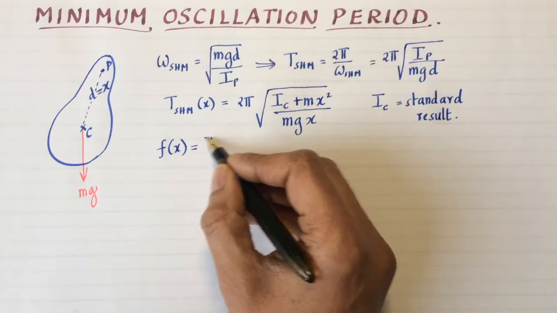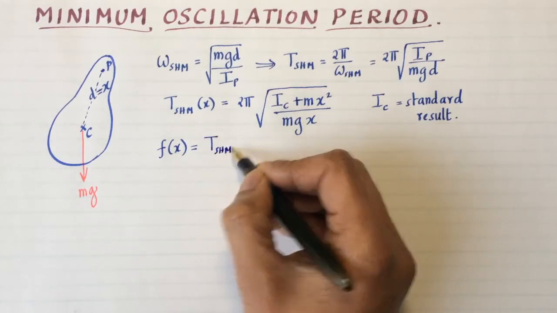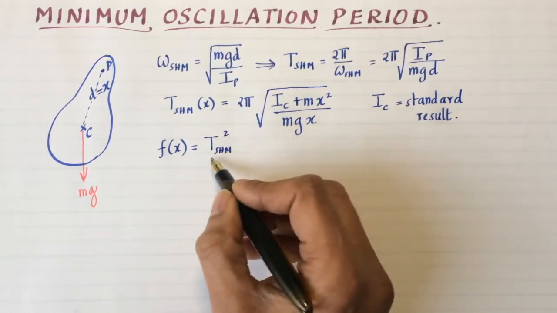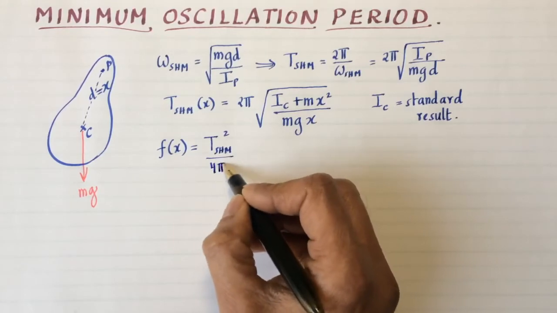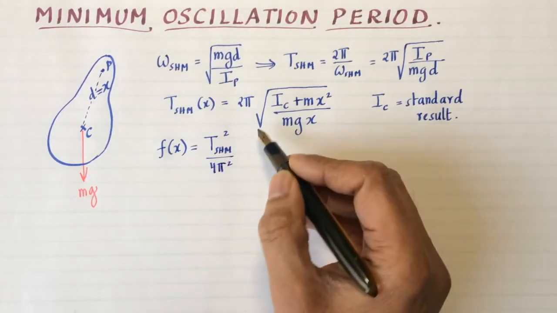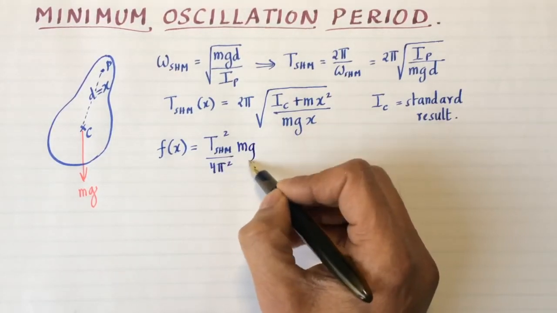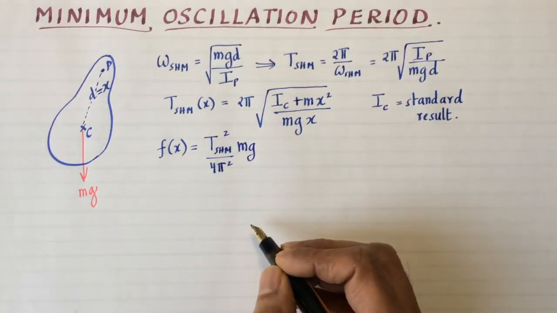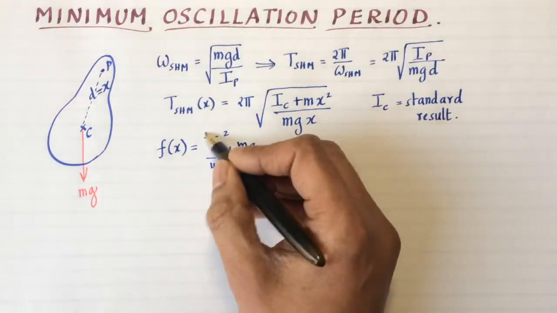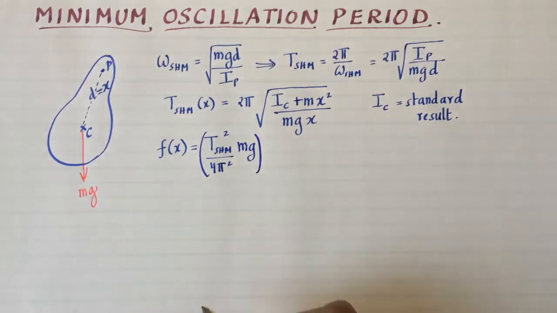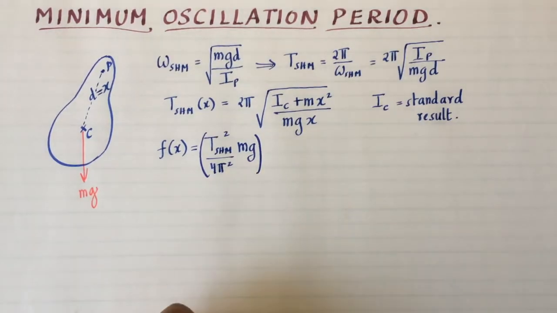I'll define it as T simple harmonic squared divided by 4 pi squared, and then let's see if I can bring an m g here. That'll get rid of that m g. All right, let me define the function like that.